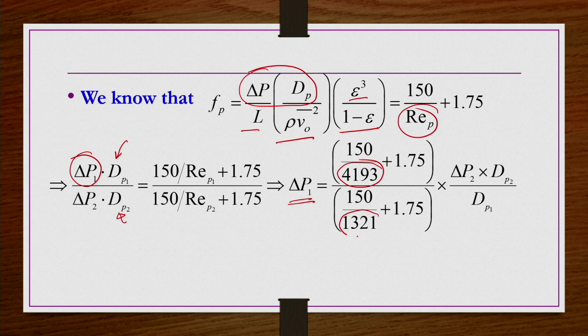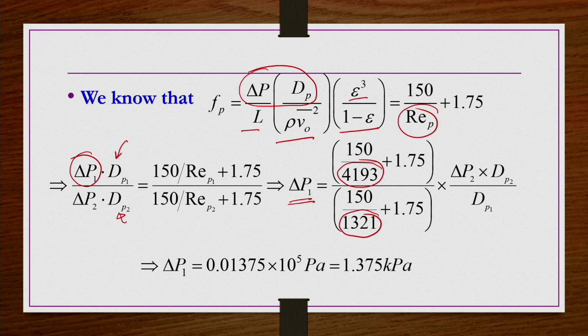Previous problem Rep is 1321, this problem Rep is 4193. Then we substitute dP2 and the 4.97 kilopascal from the previous problem, and when you do the calculation, it is going to be 1.375 kilopascal. Okay.